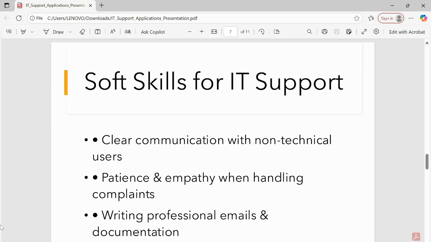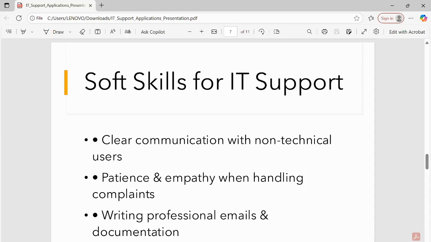And then soft skills for IT support. This is the mandatory one: clear communication with non-technical users. Suppose users are working on their machines and you are the IT support engineer. Users are not aware of what the issue is in their machines, because they may be from a technical or non-technical background.